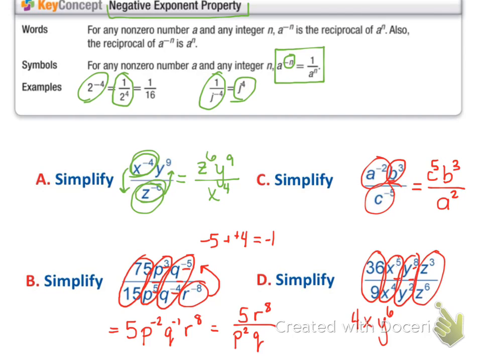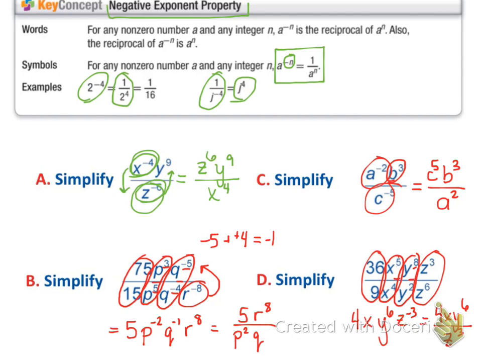And z's 3 minus 6. That's negative 3. So final answer. Anything positive stays in the top. Anything negative goes to the bottom, becomes positive. And when I say anything positive stays in the top, I mean any positive exponents here.